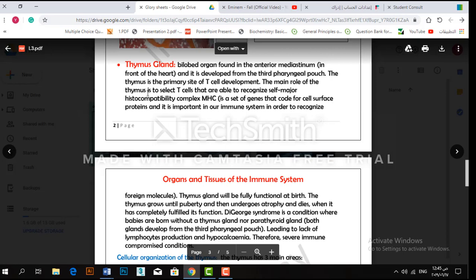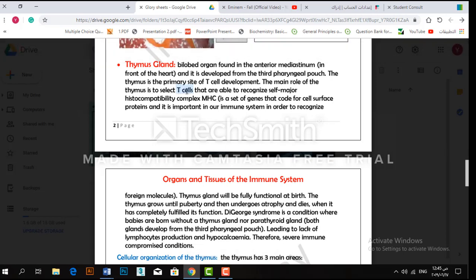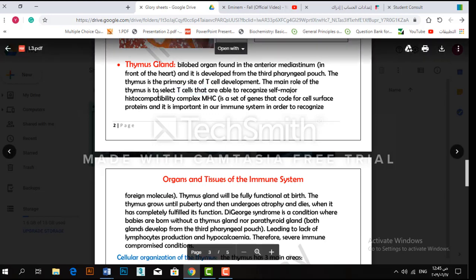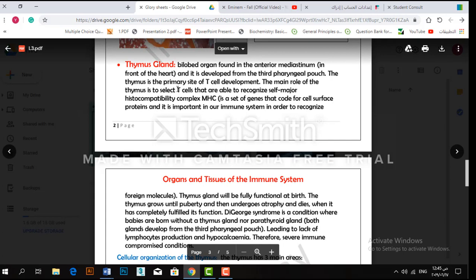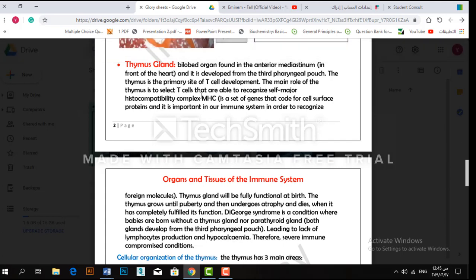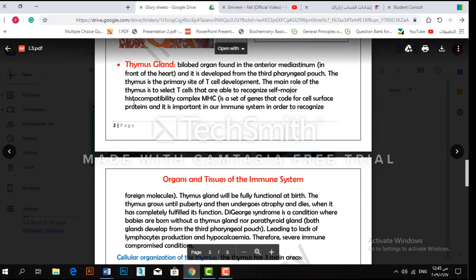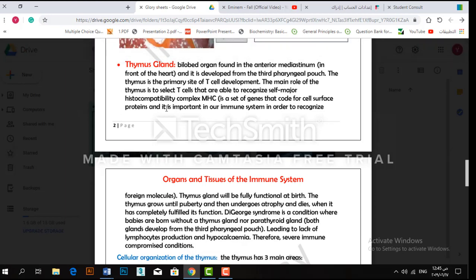The main role of the thymus is to select what? T cells. Now, how does this selection happen? We have something called positive selection, and we will talk about it in a minute. The main role of the thymus is to select T cells that are able to recognize the self major MHC complex.